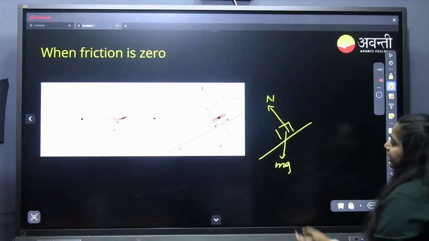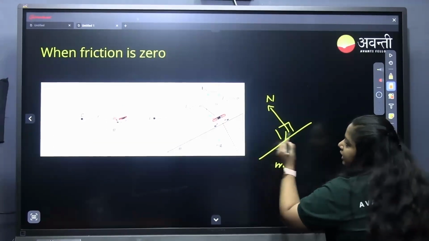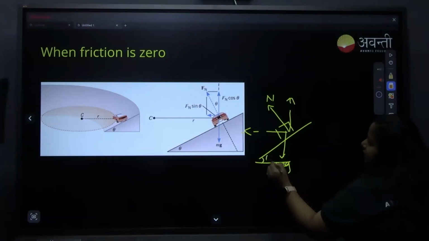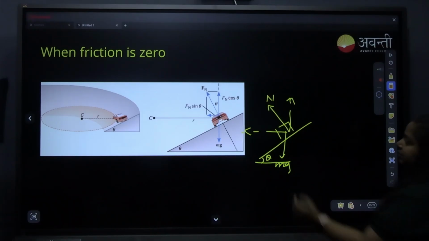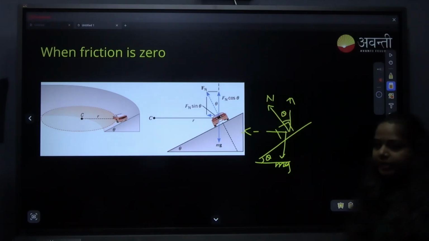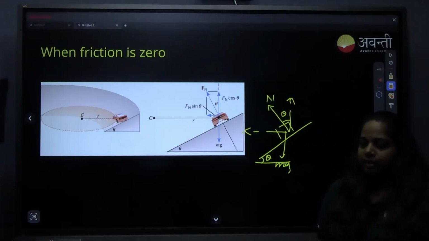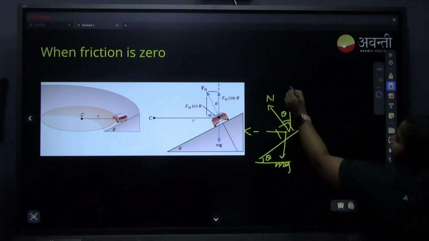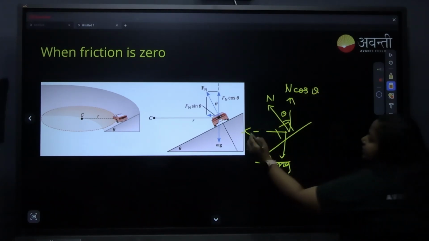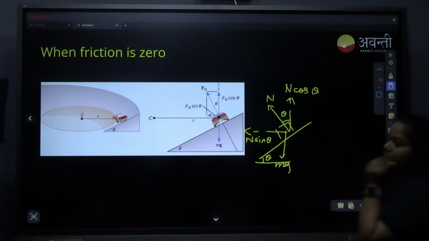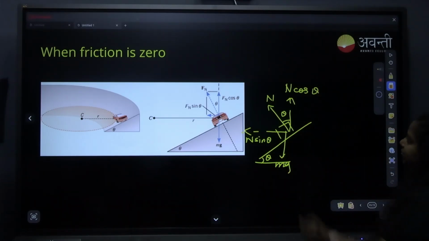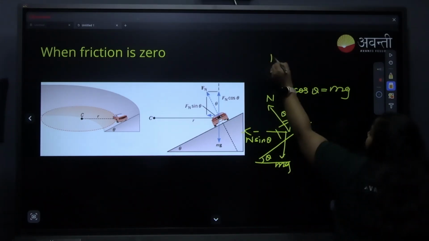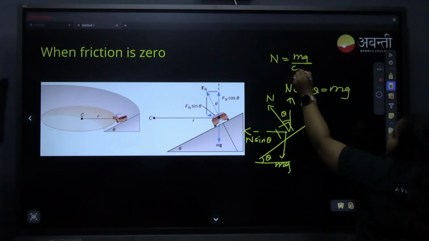Towards the center something needs to act, so we will find the components of the normal force. This angle is theta, so we will get this angle equal to theta. Here we get n cos theta, and this we get n sin theta. From the diagram, n cos theta equals mg, so n equals mg by cos theta.